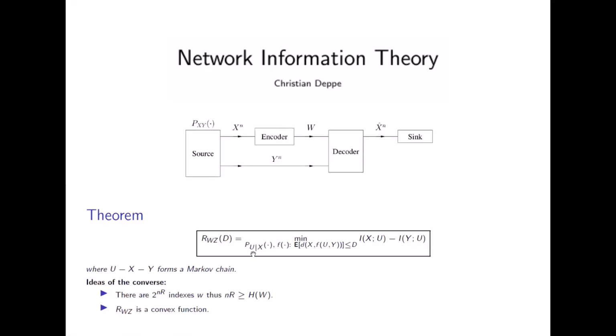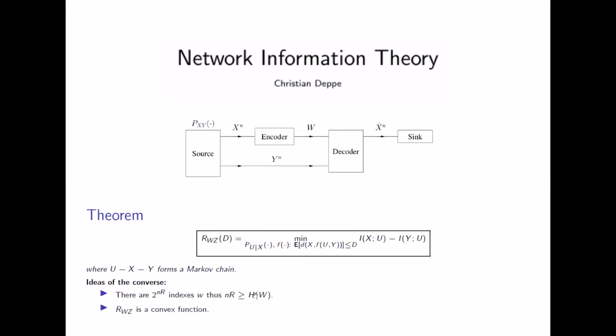And third, we use an auxiliary channel U to decouple somehow the output of the source and the coding, or also to give some more possibilities, because U is normally bigger than X. Then our result is that we have to take the minimum over all possible channels, such that the expected distortion is less or equal than D, such that the mutual information between X and U minus the mutual information between Y and U is minimized.